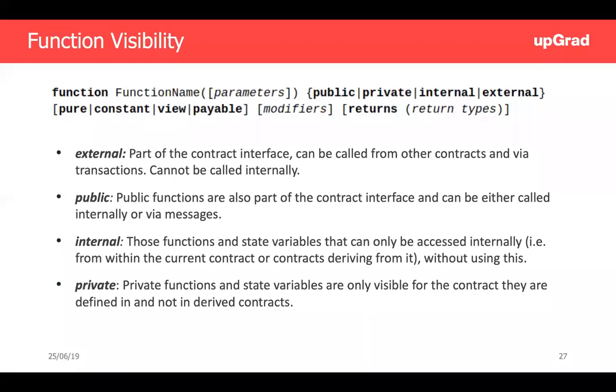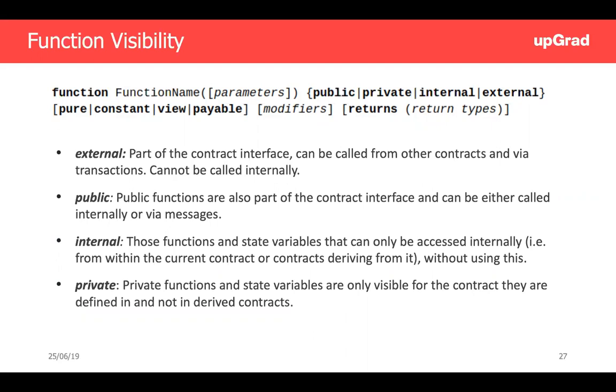A public function is like an external function, but it can also be accessed from inside of the file as well. So an internal function can also call a public function, and an external function can also call a public function. But if it's an external function, then it can only be called from outside. Internal functions cannot access it.